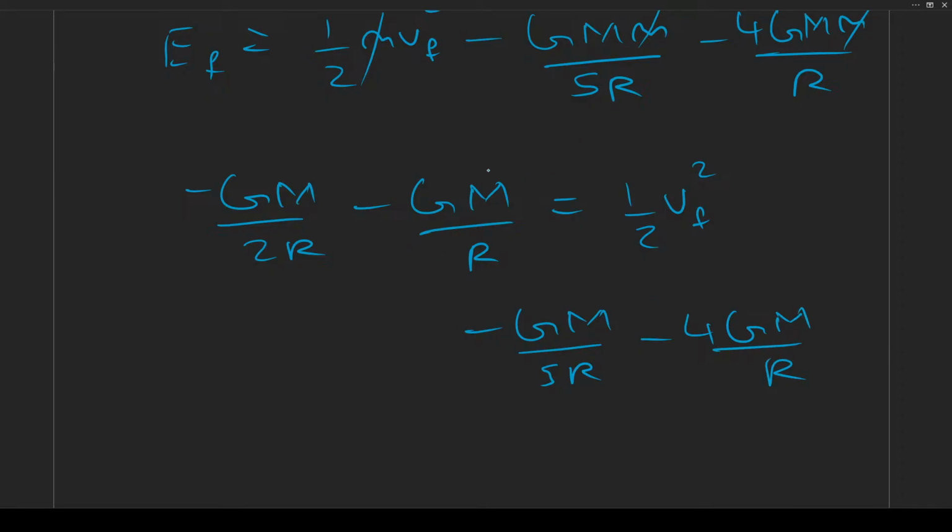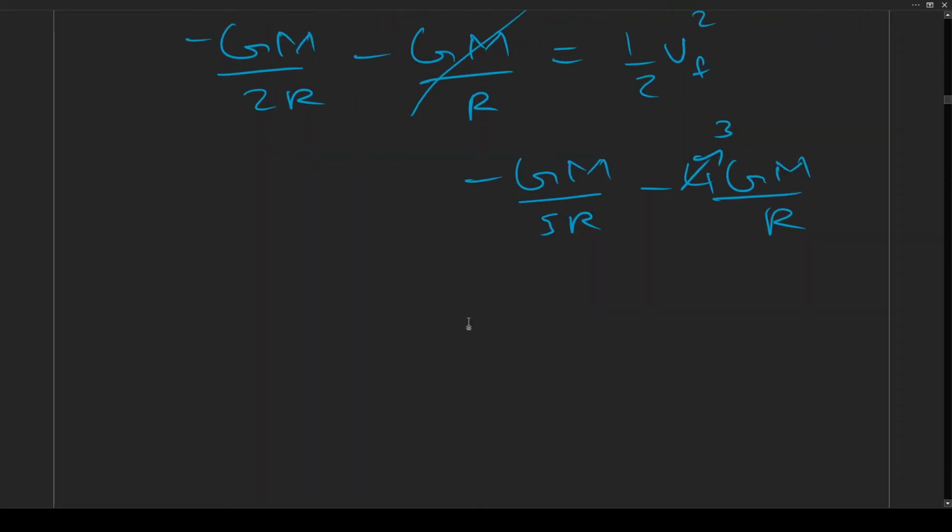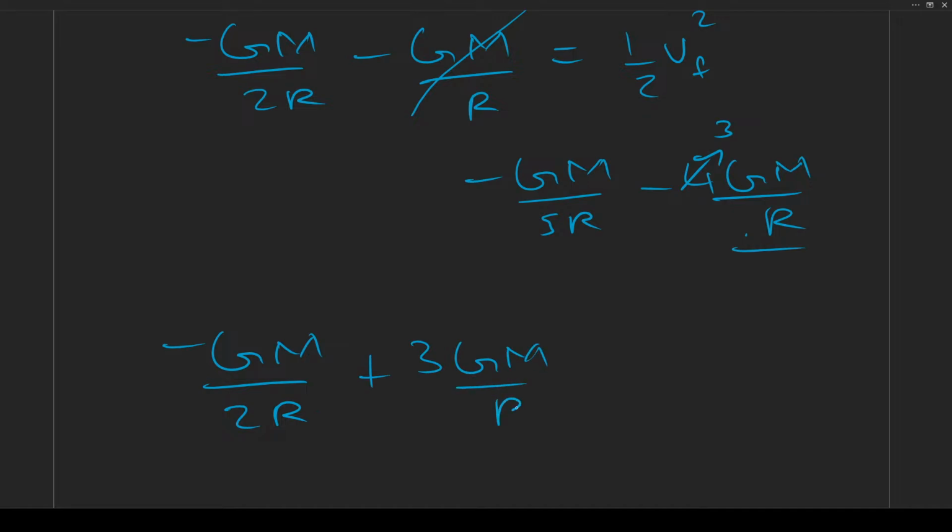When this gets here, this and this will become 3, and we will send it this side. Minus GM by 2r plus 3GM by r equals half vf square minus GM by 5r.